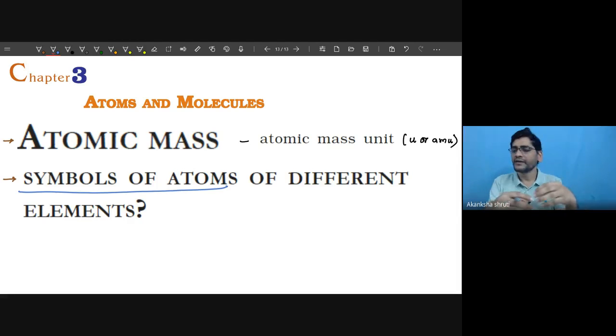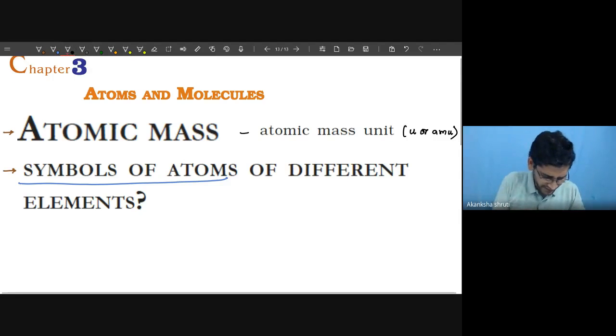They started thinking to represent chemical reactions in a simple form. For that, they first needed elements to be represented by some symbol or some alphabets. So for that, the very first, Dalton had given different symbols for different elements. So that we are going to start.